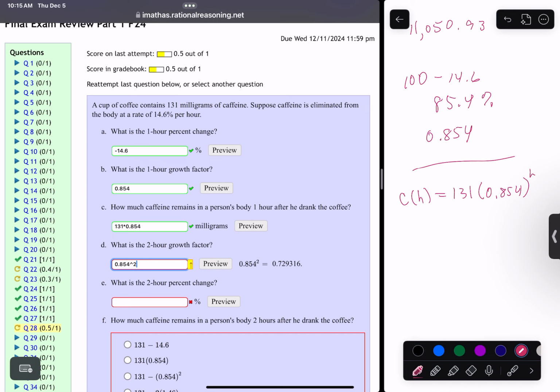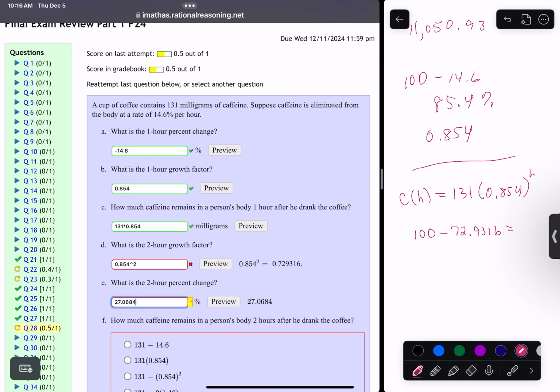So we have to think 100 minus 72.9316 would be how much it went down in the 2 hour span. And if you do 100 minus that, you get 27. I guess I could have just typed that in probably.